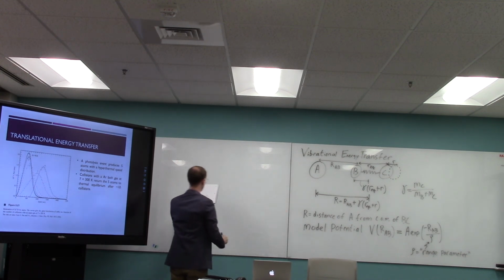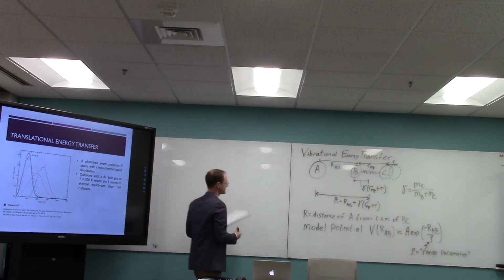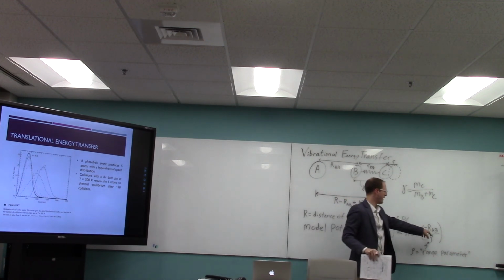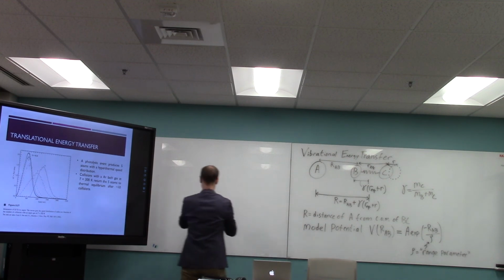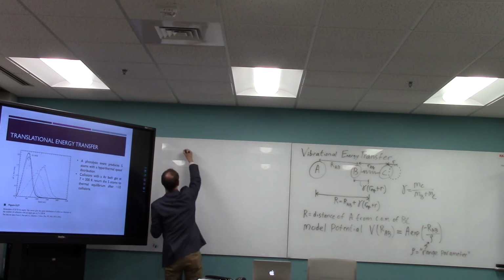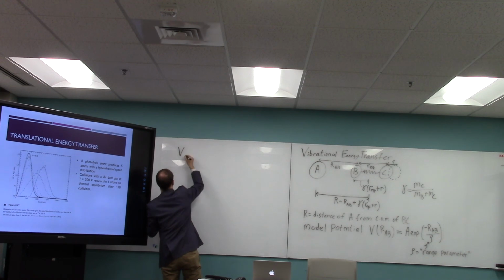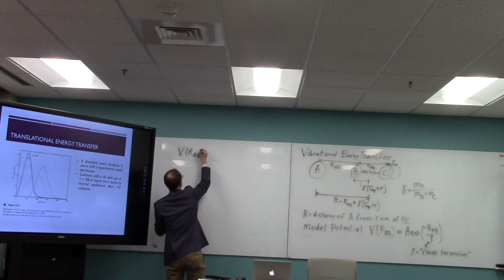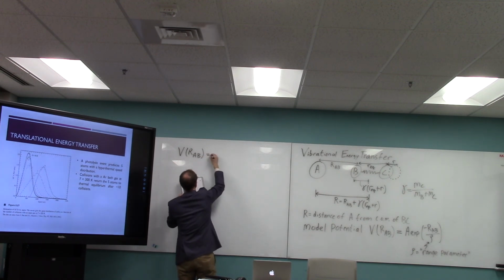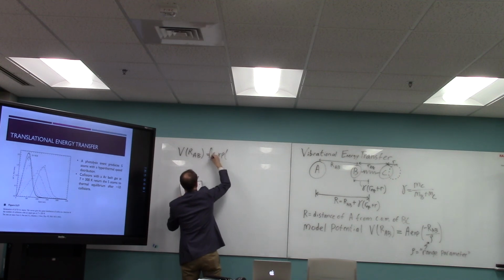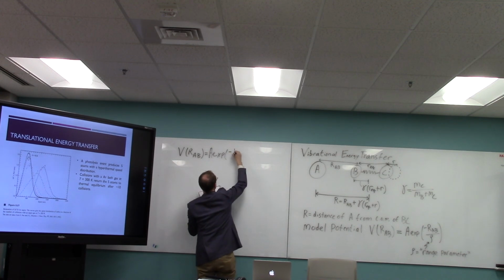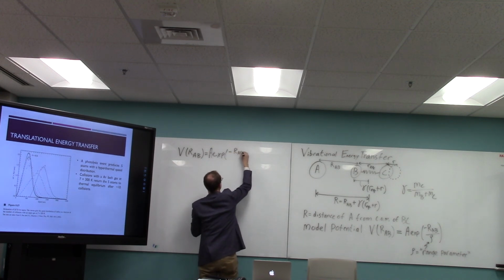So we're going to take our model potential, and instead of putting it in terms of R_AB, we're going to write it in terms of R. So the potential of R_AB is proportional to the exponential of minus R_AB over rho.